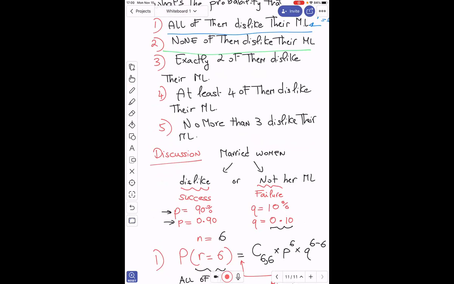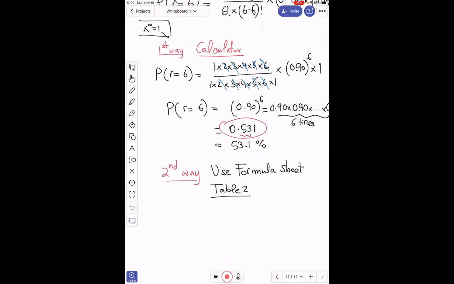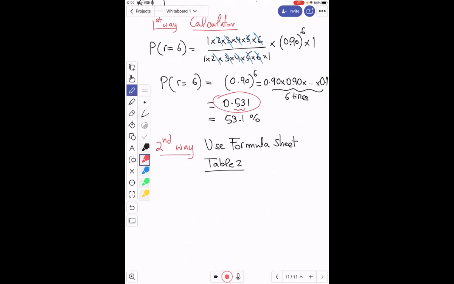So when I say here, none of them dislike their mother-in-law, it means we need 0 successes, because a success is when a married woman dislikes her mother-in-law, right? So if you want none of them to dislike their mother-in-law, the number of successes would be 0. So for number 2, the R is going to be 0. So number 2, it's the probability that R is 0.